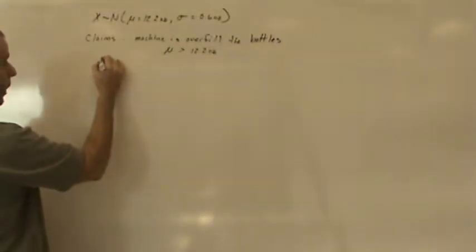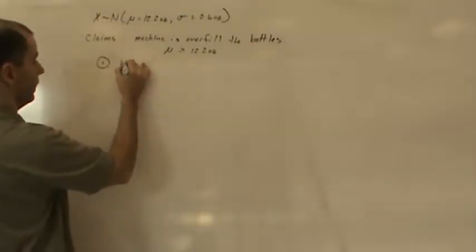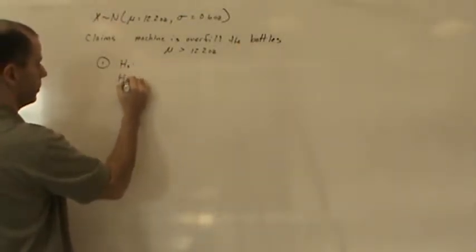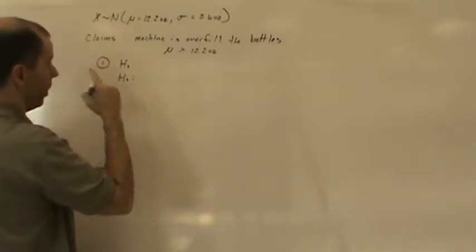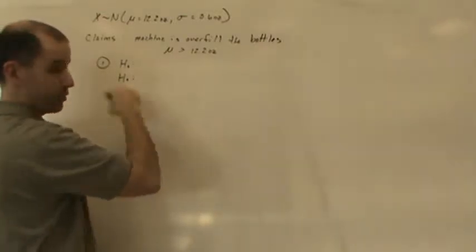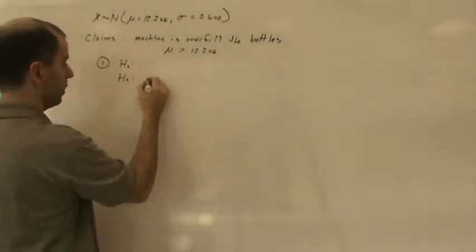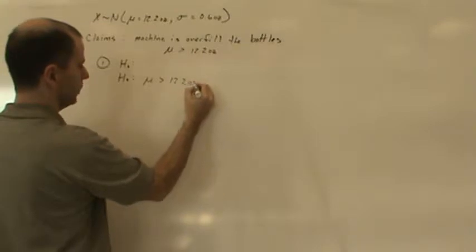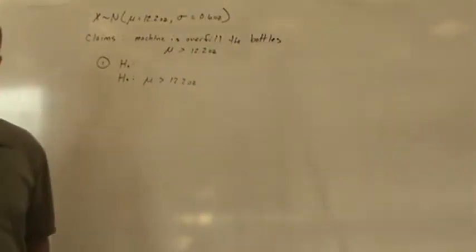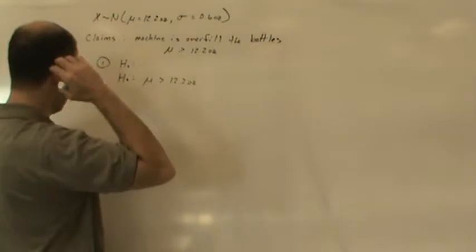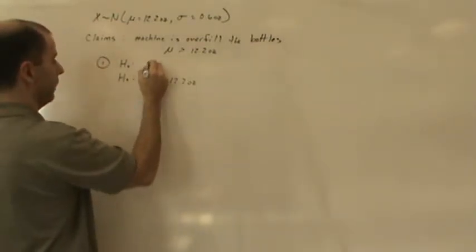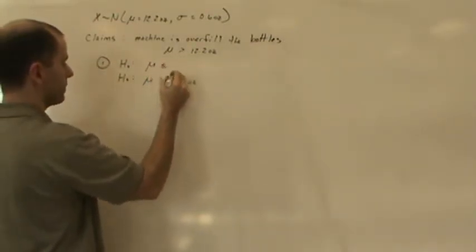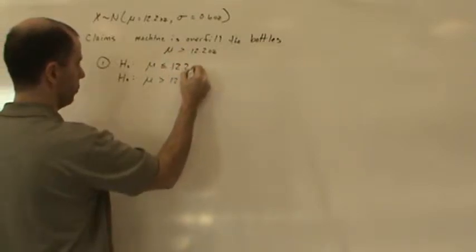So now, here's step one. Step one is setting up your hypotheses, the null and the alternative hypotheses. The alternative is this because it's greater than, there's no equal sign. So this is going to be mu is greater than 12.2 ounces. And so the null is going to be the opposite, the contradictory statement: mu is less than or equal to 12.2 ounces.